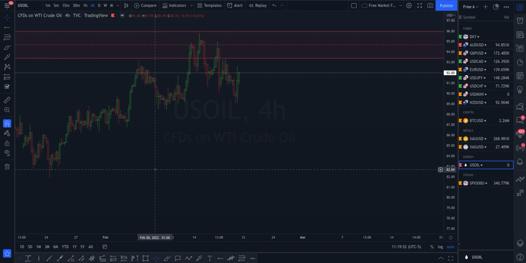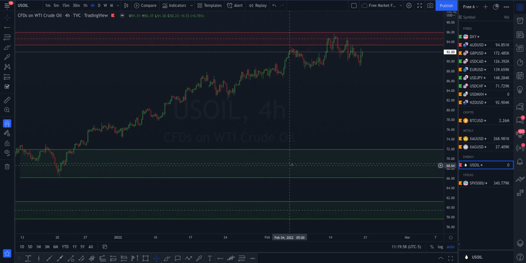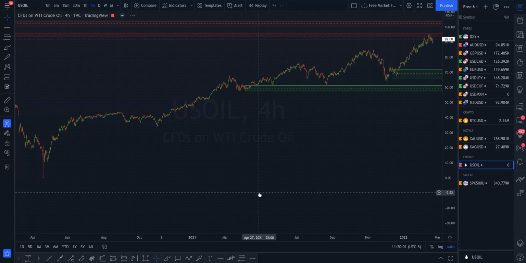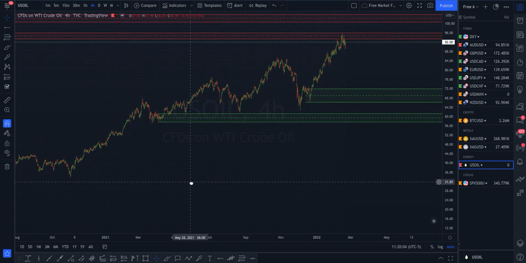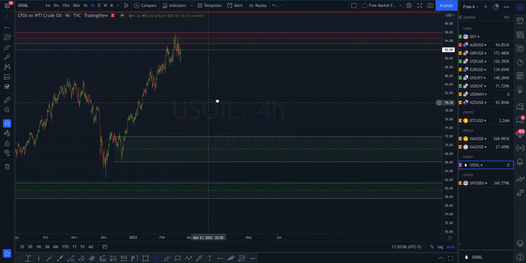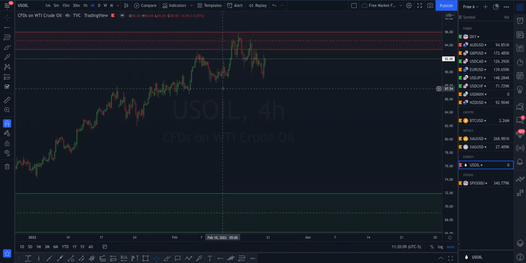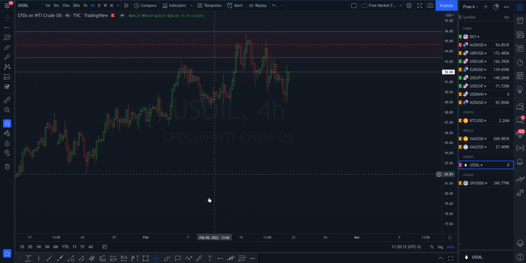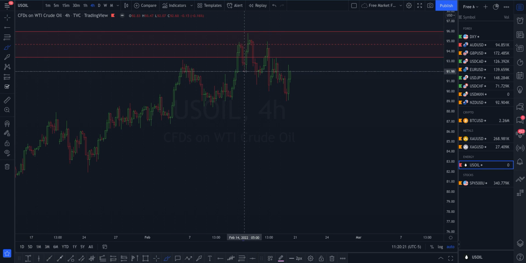All right, now let's take a look at U.S. oil. U.S. oil bias is downtrend. Okay. We've had this low taken out, this low taken out, this low taken out.